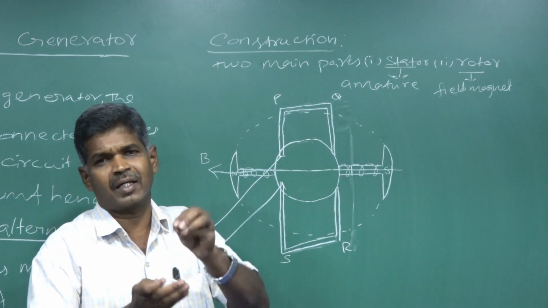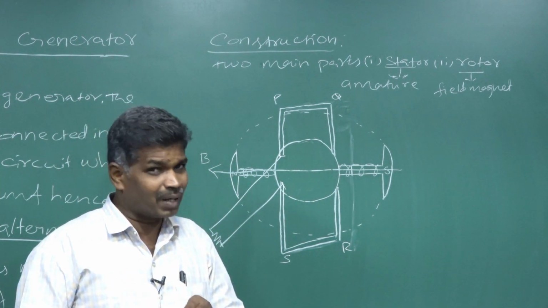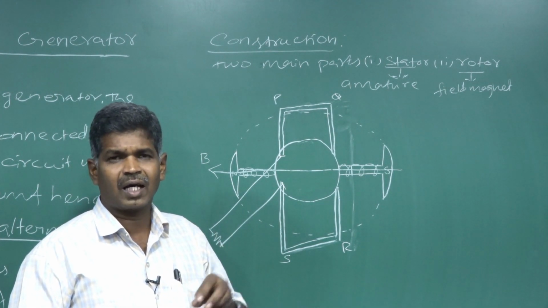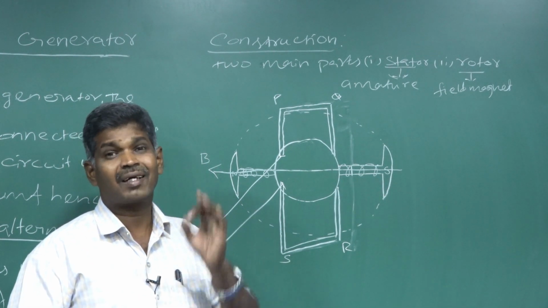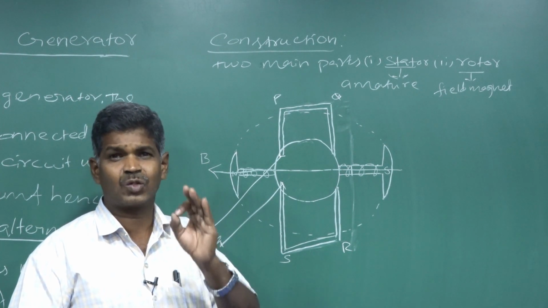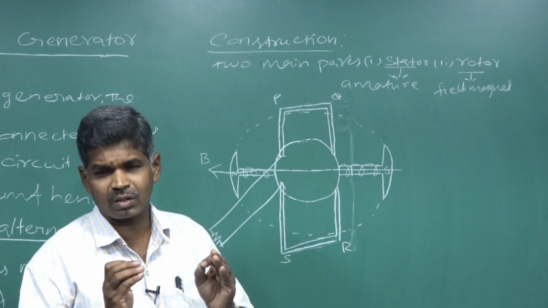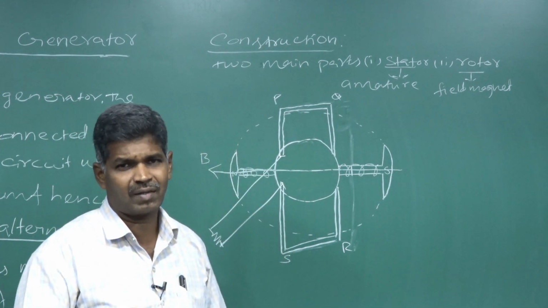Time to time, the magnetic flux linked with that armature changes. Due to that change in magnetic flux linked with the coil, EMF is induced. This is given by Michael Faraday. Faraday's laws state that whenever there is a change in magnetic flux linked with a coil, EMF is induced. That induced EMF can make an induced current flow in our circuit.